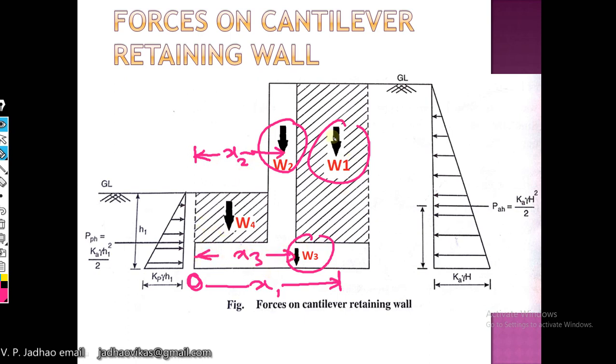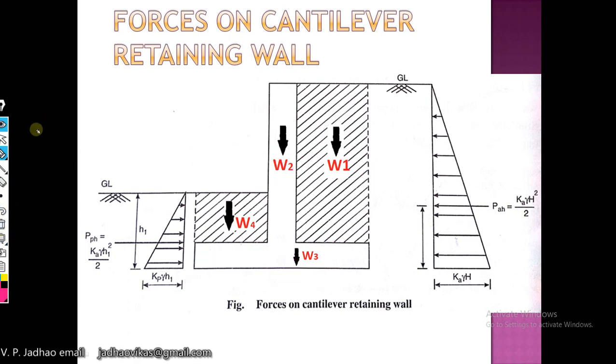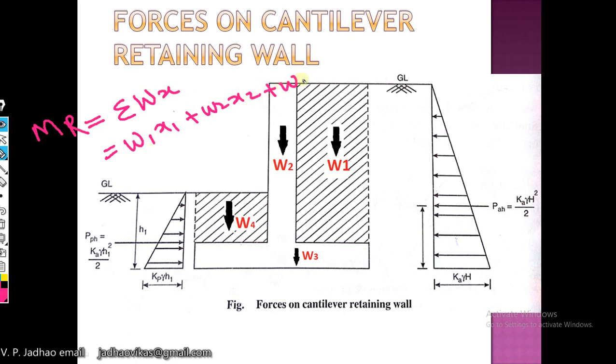Then the sum of all these moments of W1, W2 and W3 about O is called the resisting moment, and it is shown by MR. It is equal to the sum of W into x, that is W1 x1 plus W2 x2 plus W3 x3.